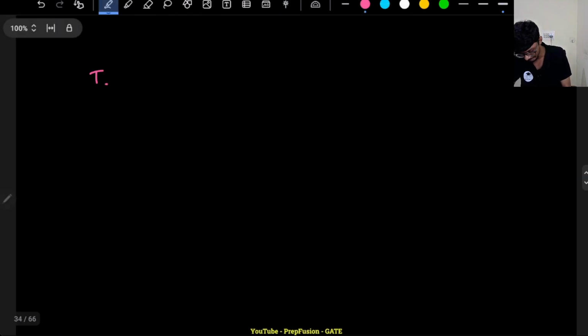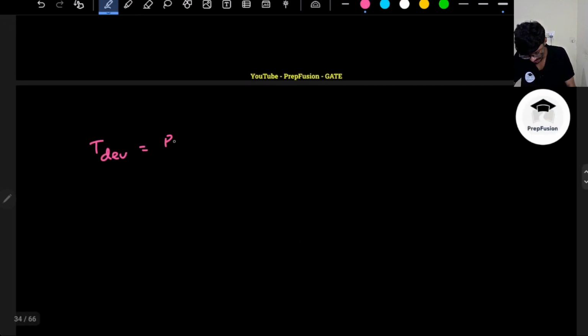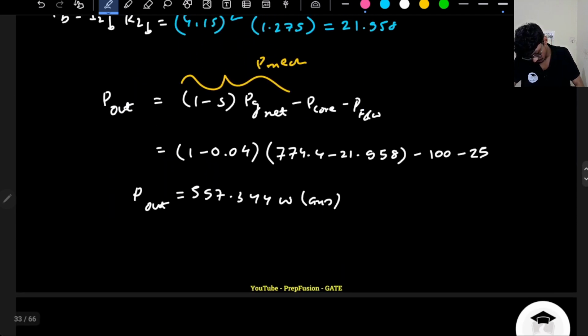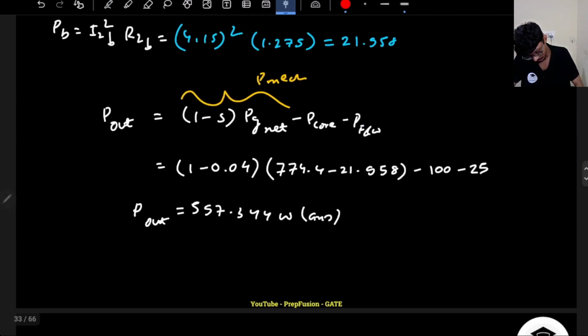So developed torque will be this P G net divided by omega S. PG net is this value, right?